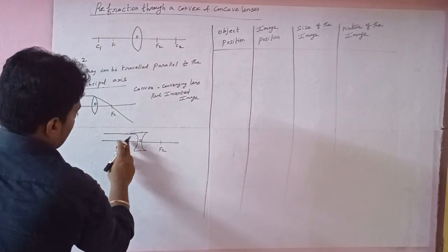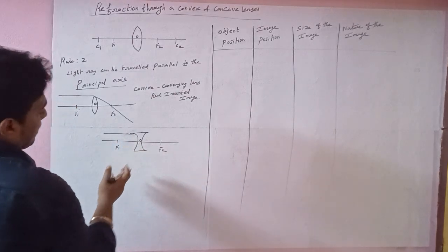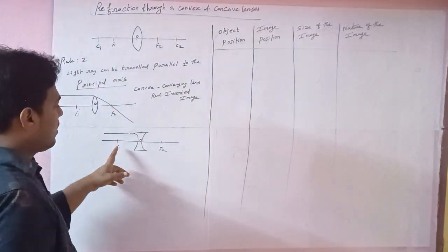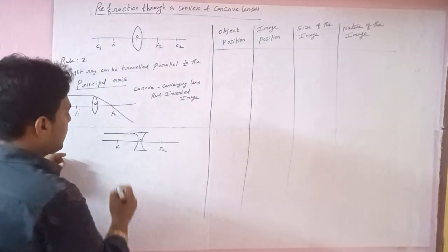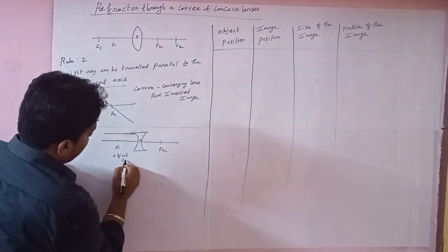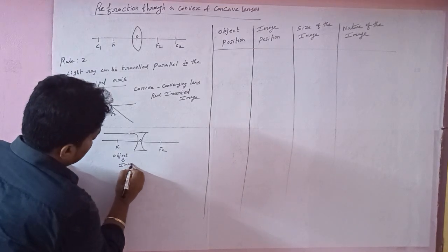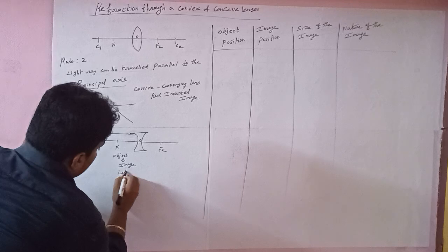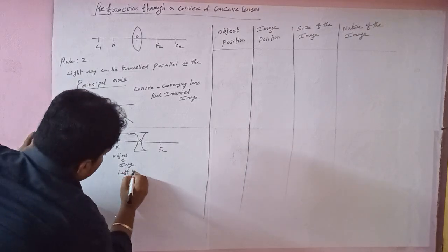So the light ray can bounce back into the same medium, because we know very well this is a concave lens. So the object and image are both on the same side, the left side.